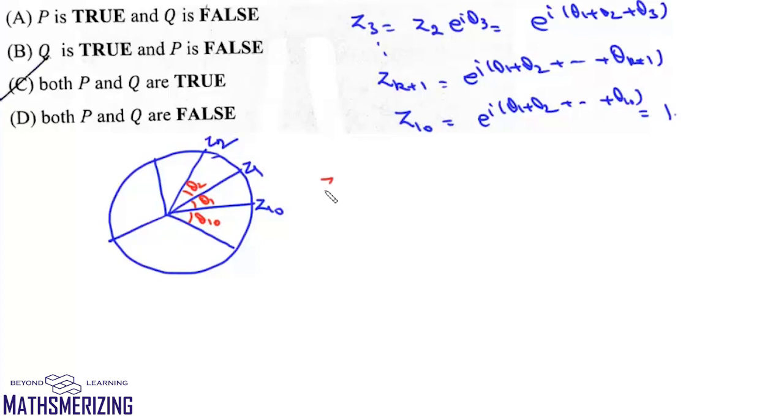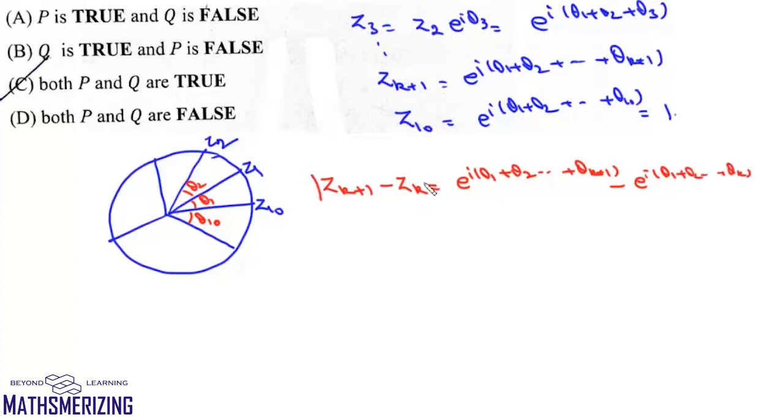Now if we look at Zk plus 1 minus Zk, it will be e to the power iota theta 1 plus theta 2 plus up to theta k plus 1 minus e to the power iota theta 1 plus theta 2 plus up to theta k.